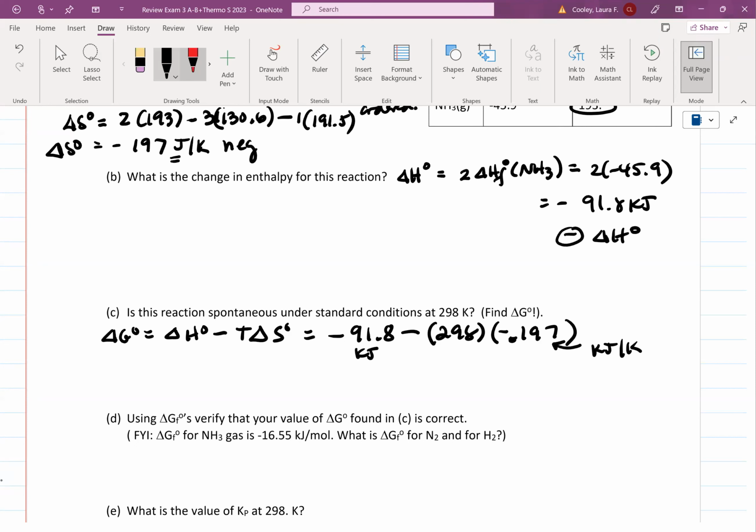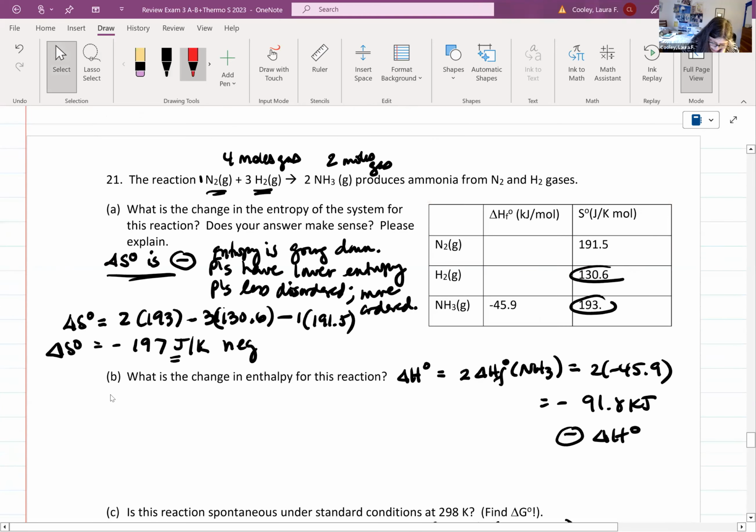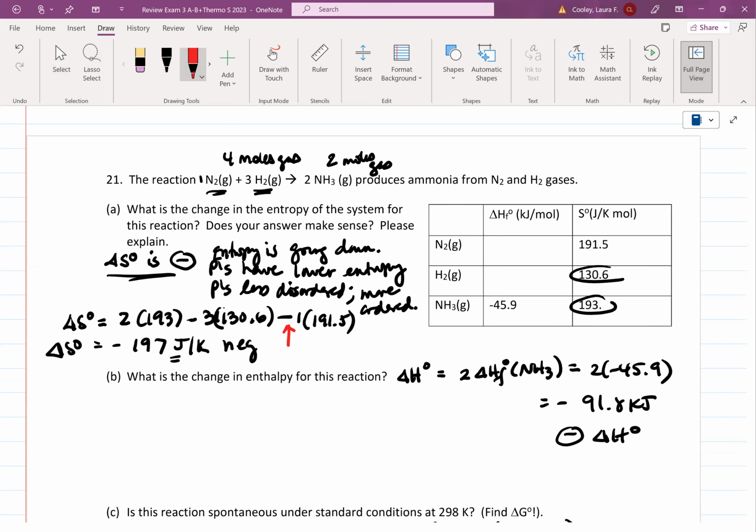Just a quick question. Wouldn't it be a plus 1 times 191? No, it's products minus reactants. Yeah, products minus the sum of reactants, right?